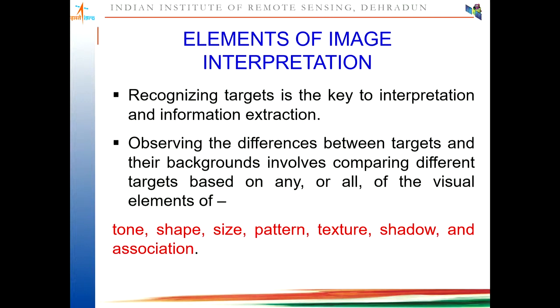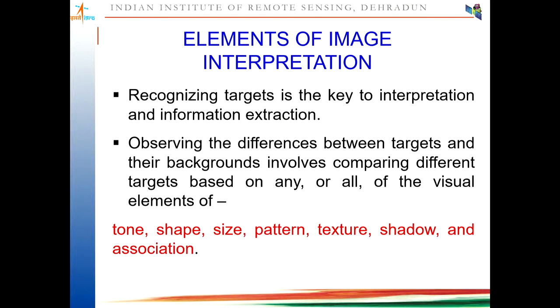Then the next important section of the discussion is, after spectral signatures, the elements that comprise the basis of image interpretation. Recognizing targets, as we have seen, is the key to interpretation and information extraction.